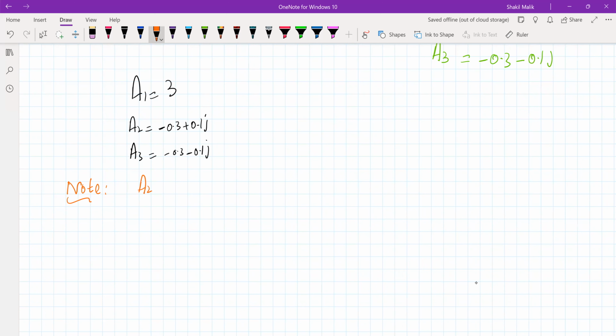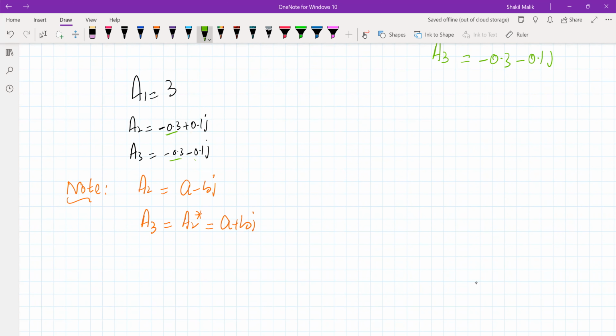If A2 is a minus bj, then the other one, A3 or A1, will be simply the complex conjugate of A2. Complex conjugate of A2 means replacing j by minus j, so it will be a plus bj. Now you can observe here, A2 is minus 0.3 plus 0.1 j. You can check A3 is simply minus 0.3 minus 0.1 j.